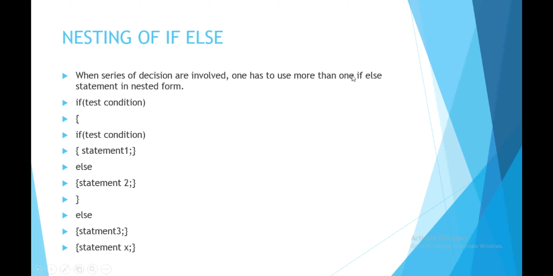For example, in a school, results are generated, and based on the range, like maybe 10 to 20, it's given a grade A. 20 to 30, if your marks are within this range, it's given B. So how will you write it? You write if test condition, whatever the test condition. Then again, if test condition, statement 1, else statement 2 will be printed, otherwise statement 3, and so on. I will show you one code.